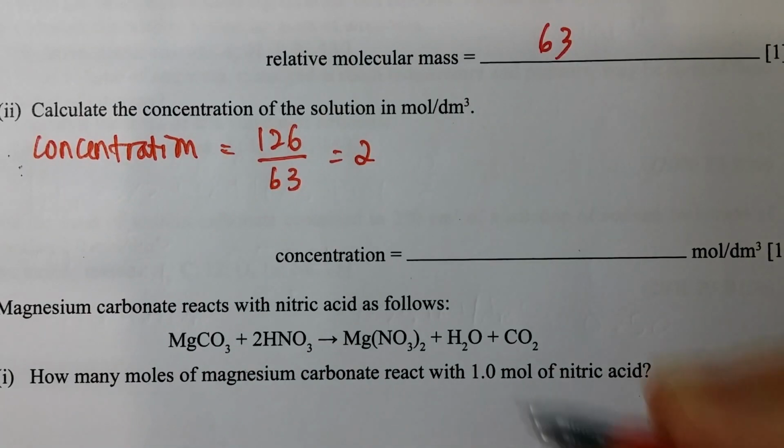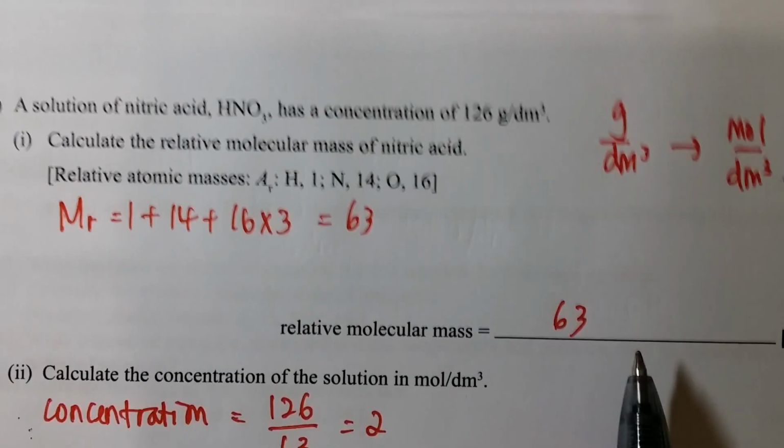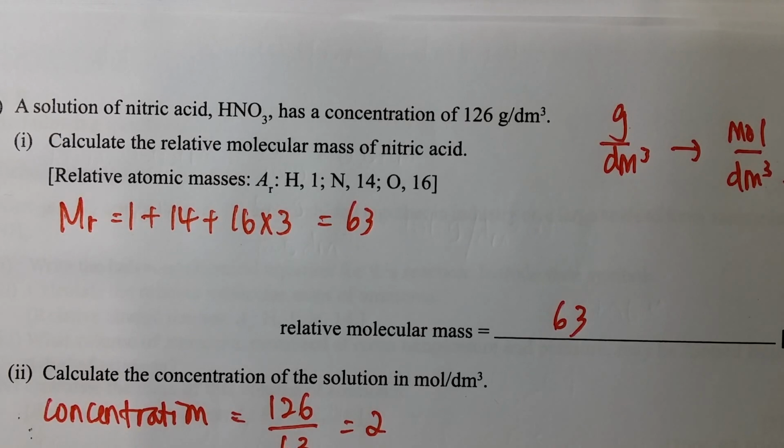So the concentration is 2 mole per dm cube. By just looking at the unit, you know how to convert.